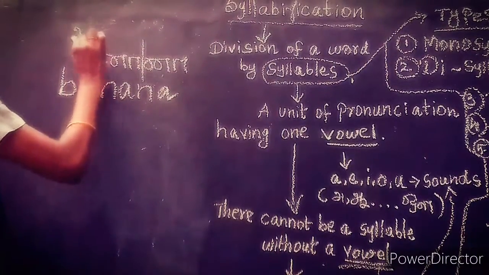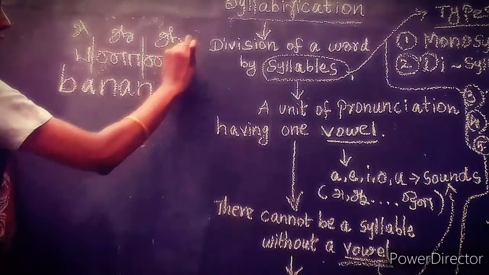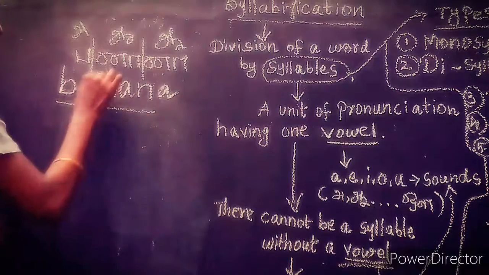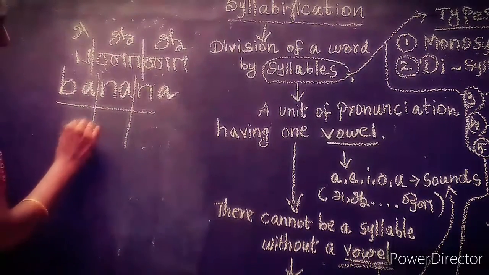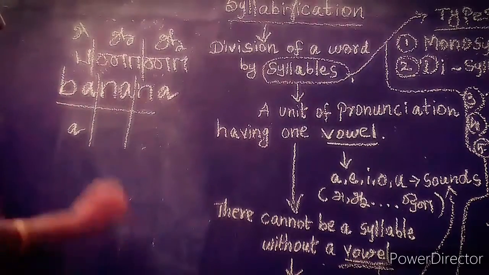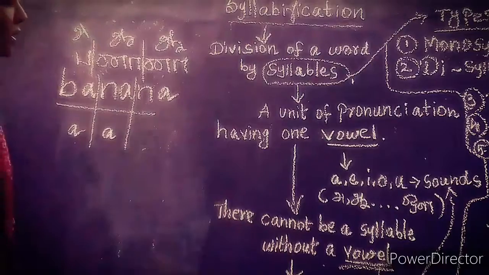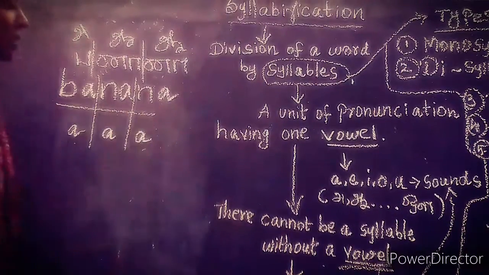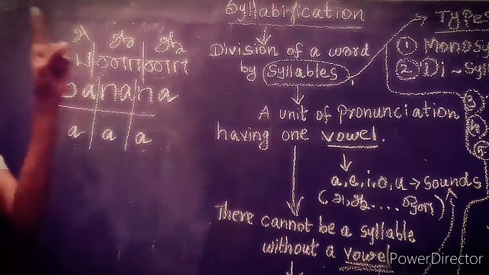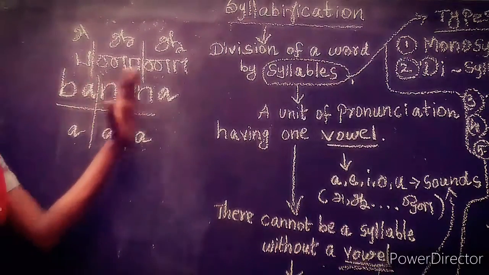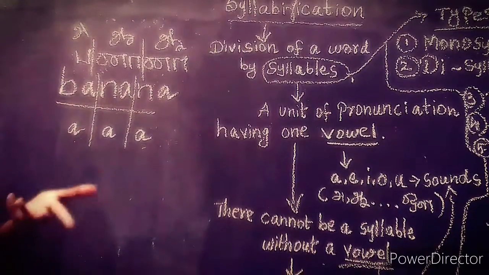Here what sound is here? A. Likewise in English, na. Here a sound. Na. Here also a sound. Here also a sound. So as per our rules, each syllable has one vowel sound. Likewise, you have to separate the word. Clear? Shall we see some more examples?